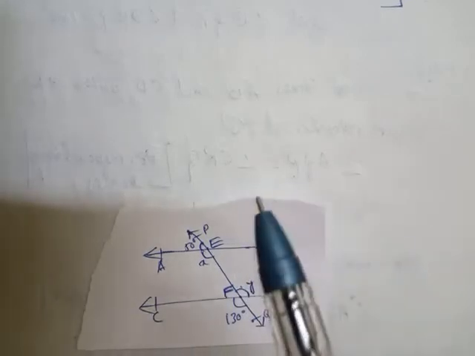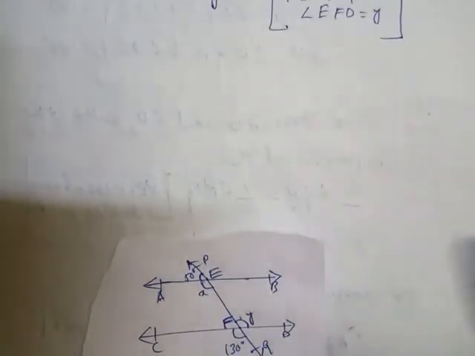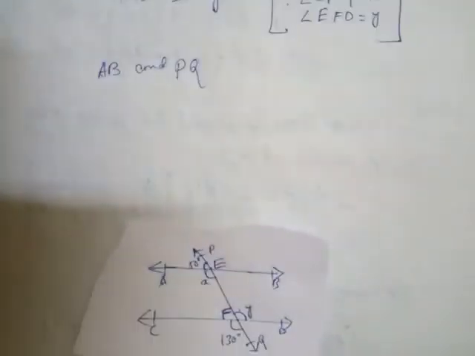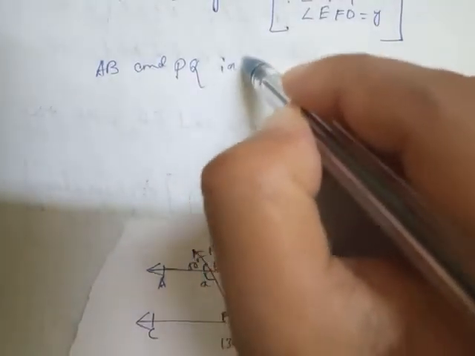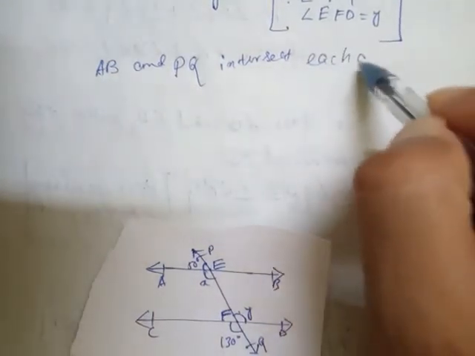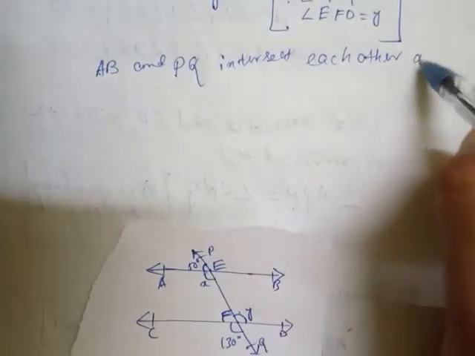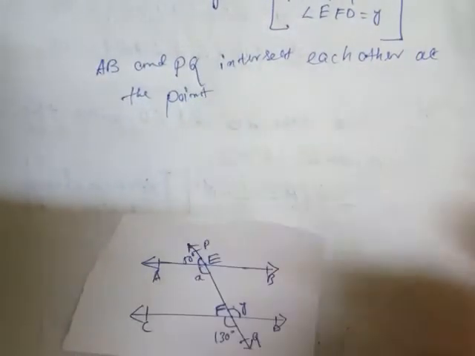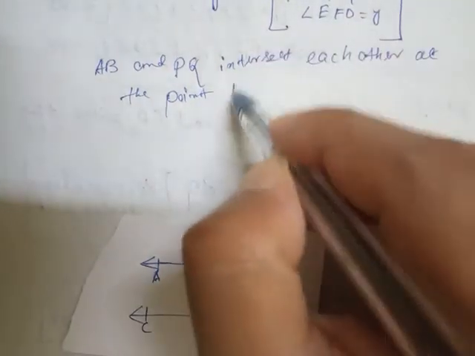Here we can write that AB and this line PQ intersect each other at the point E.